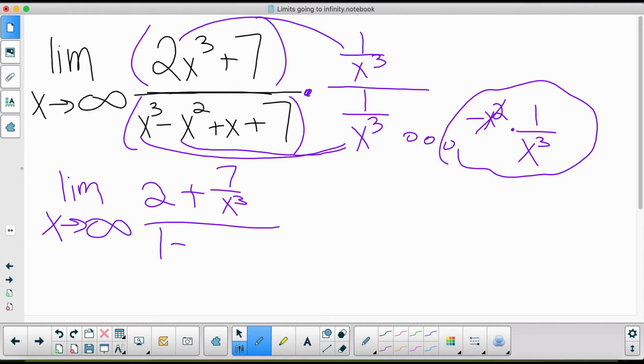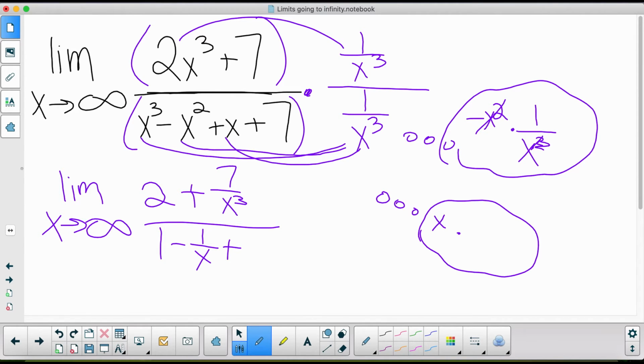So all of these x's drop out, and you're left with 1 x in the bottom. So here we're left with a minus 1 over x. Plus, if we do x times x to the third, here's another thought bubble for you, if you need it. We have x times 1 over x cubed. This guy drops out, and this guy drops one of his x's, so that becomes 1 over x squared.